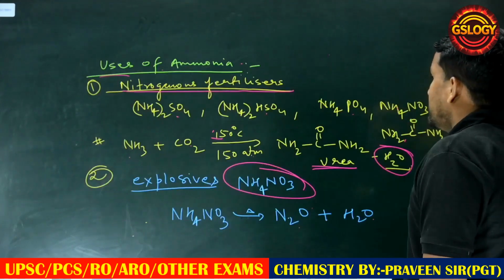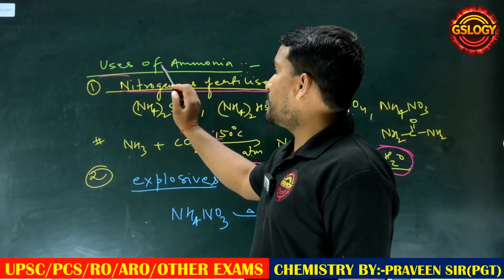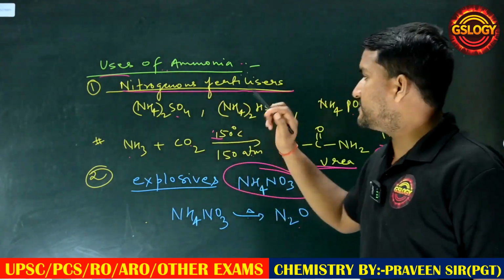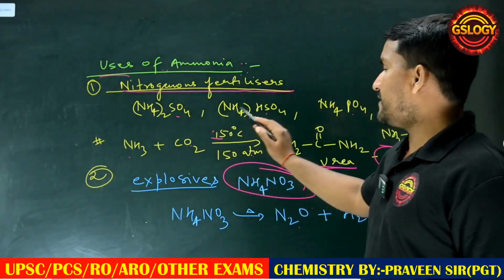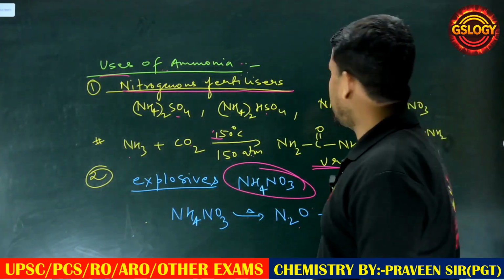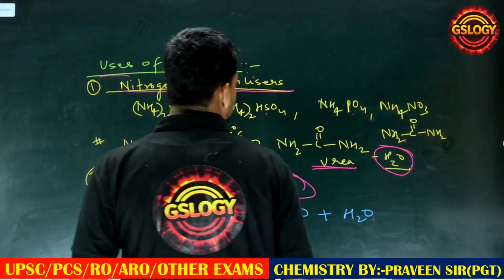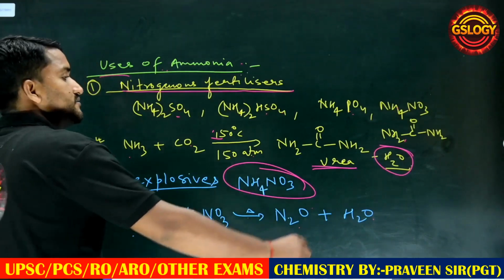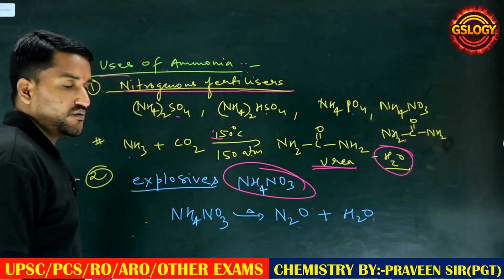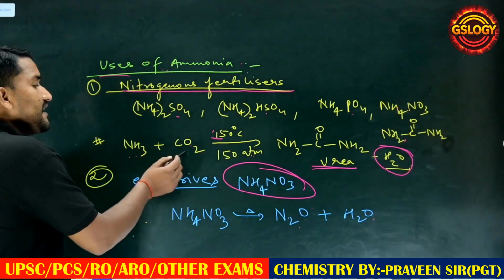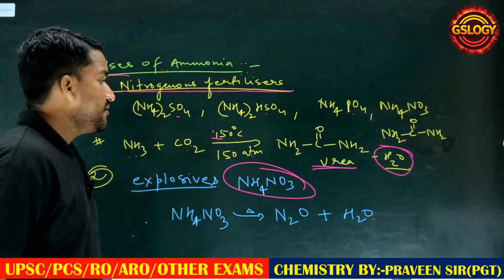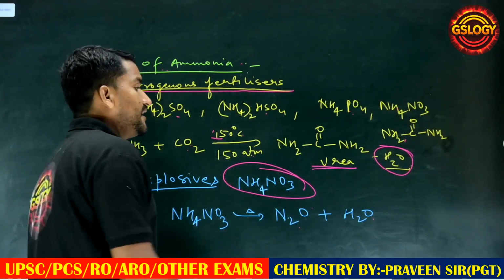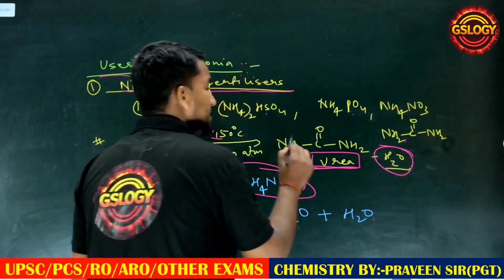Clear? And ammonia is also used in nitrogenous fertilizers: ammonium sulfate, ammonium hydrogen sulfate, ammonium phosphate, ammonium nitrate. Also, when ammonia reacts with carbon dioxide at 150 degrees Celsius and 150 atm, it will form what? Urea.